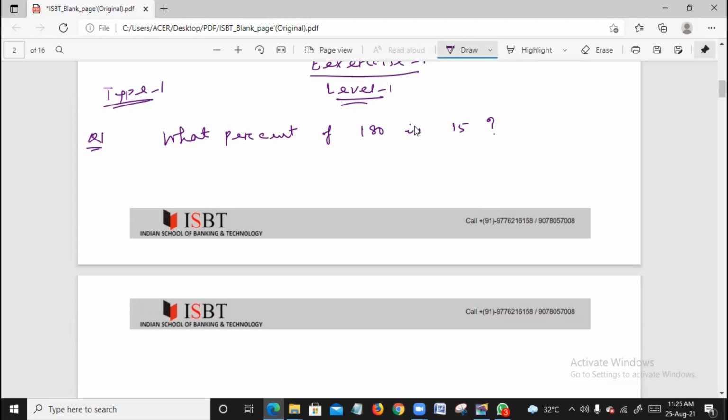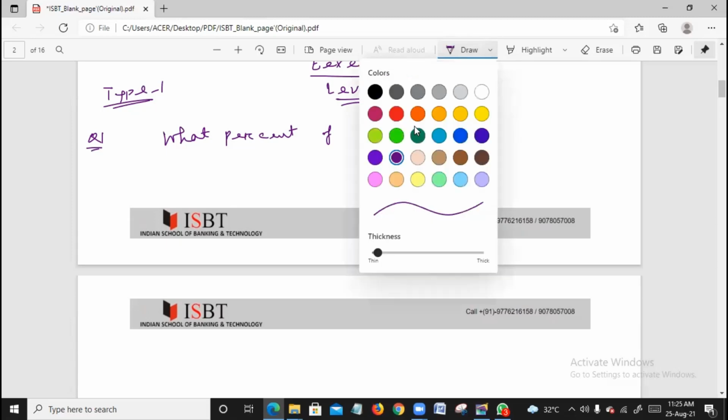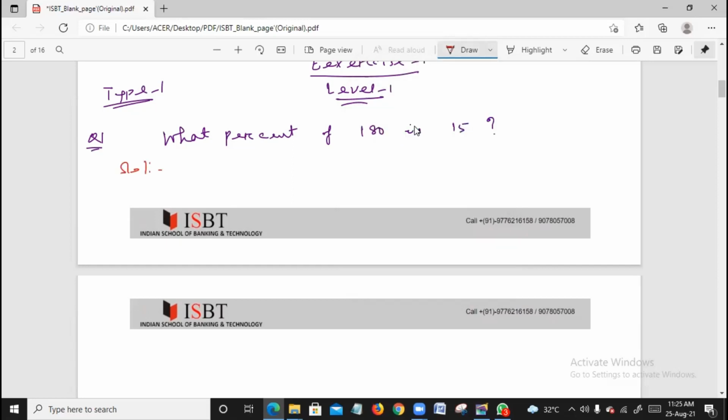So now the solution. What percent? Suppose let it be x percent. X percent of 180 is equal to 15. Then x by 100 into 180 is equal to 15.